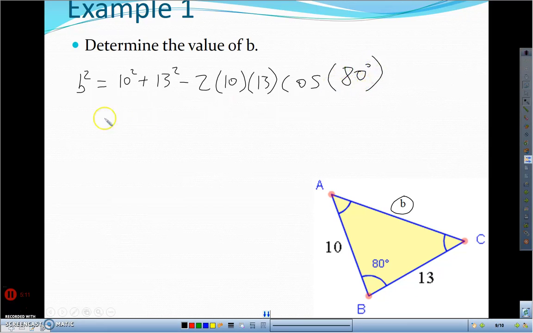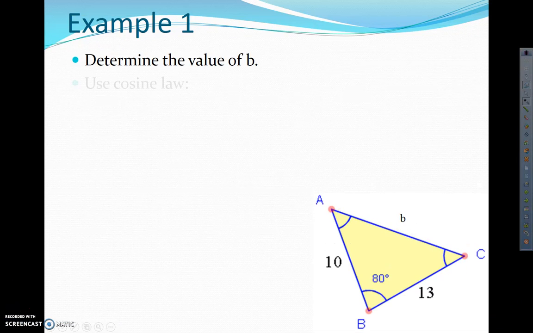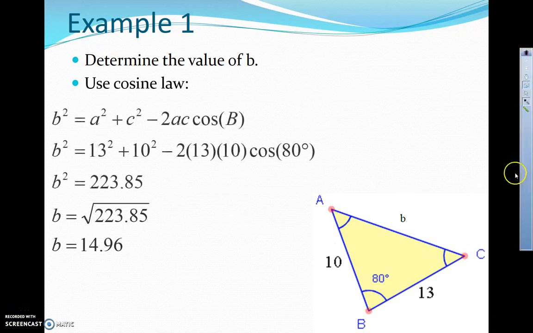degrees. This is where we look in our calculator, and we're going to find out that b squared is going to be equal to 223.85. I find that for the most part students struggle with this portion of finding our answer because they're doing something not quite right in their calculators.